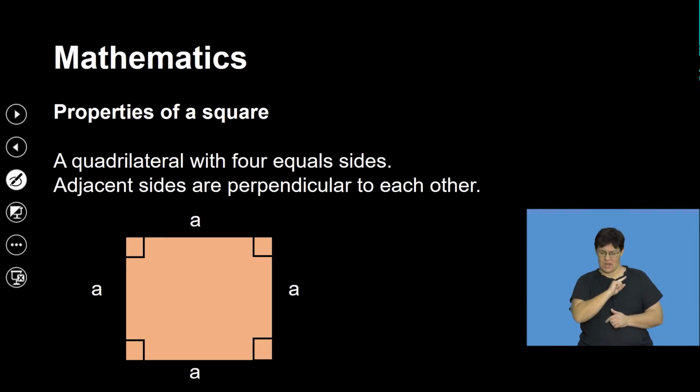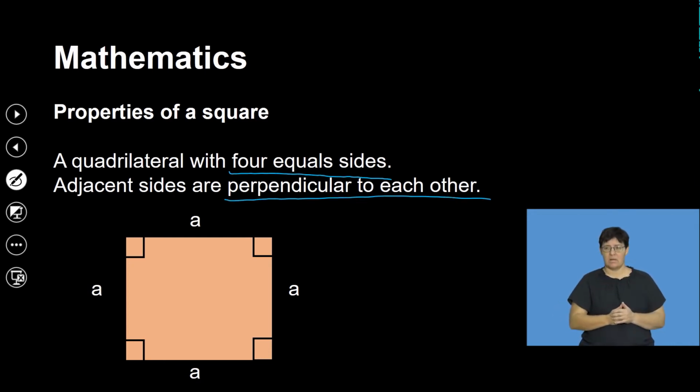Now we're going to use what we call a quadrilateral to show you what exactly this is all about. So what I have here is a square. You know a square is a quad with 4 equal sides, and the adjacent sides are perpendicular to each other. Hence, I showed you the 90-degree angles there.